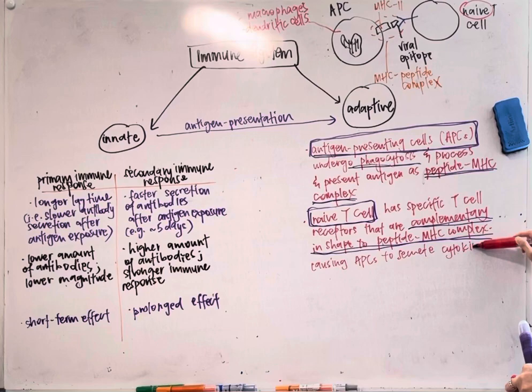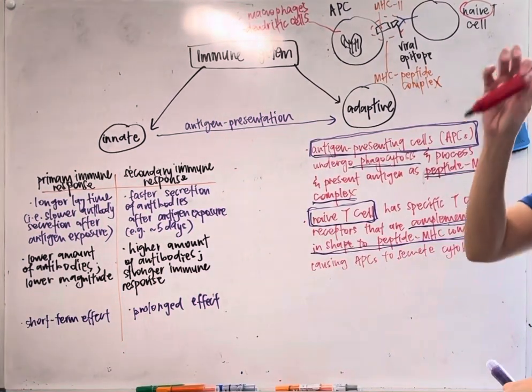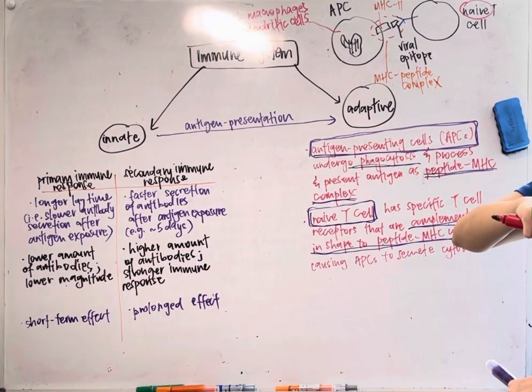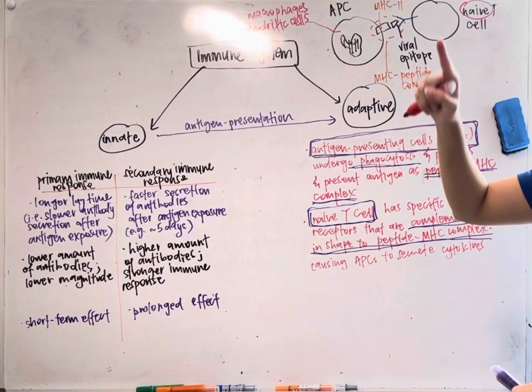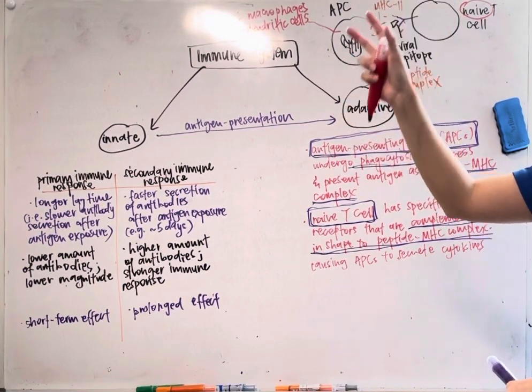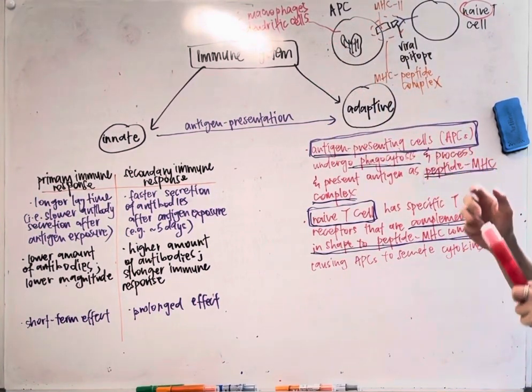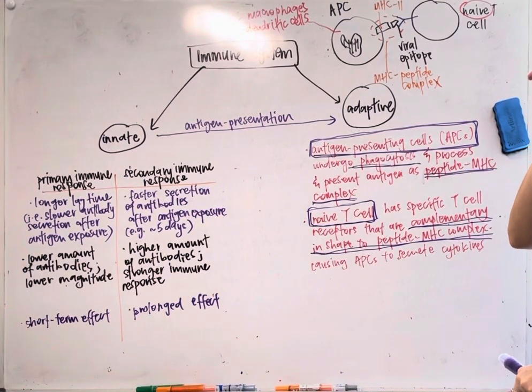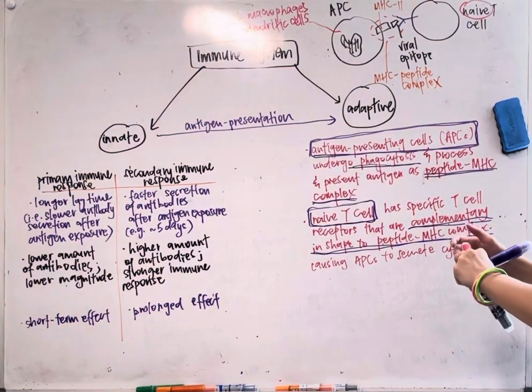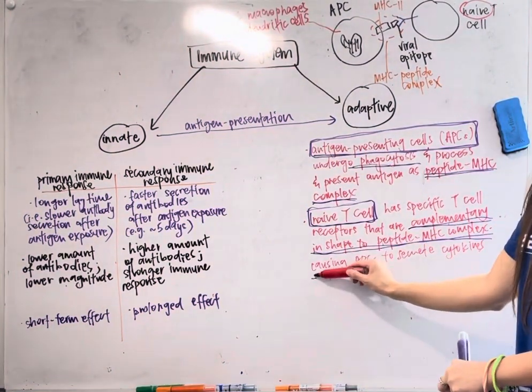The cytokines, hopefully you always write, activate, and undergo clonal expansion and differentiation. I repeat, you always have to write clonal expansion and differentiation side by side, all the time.